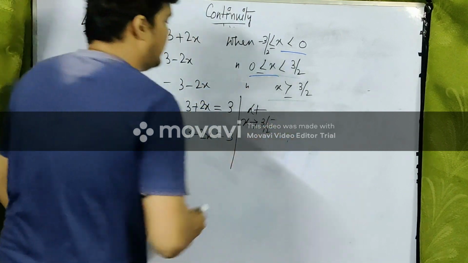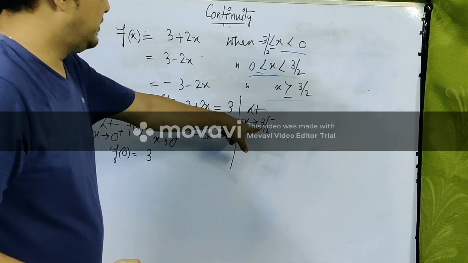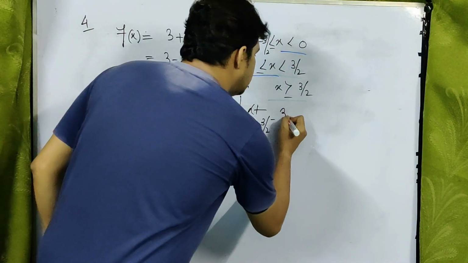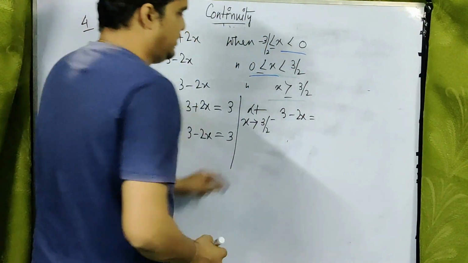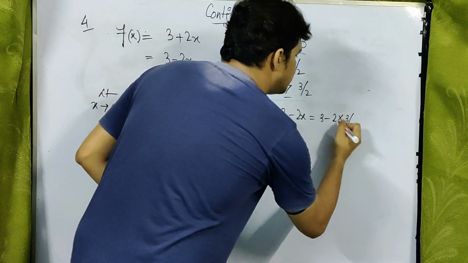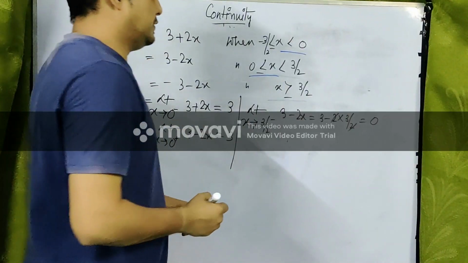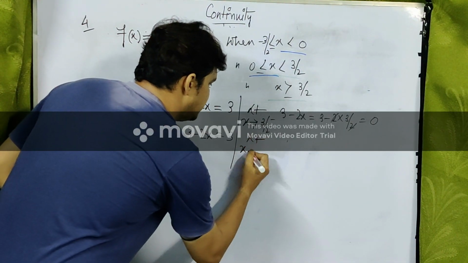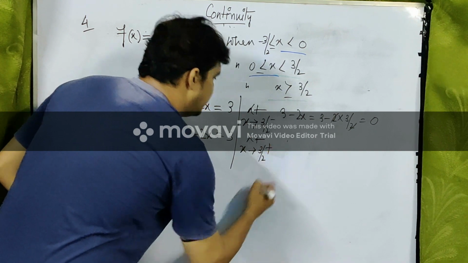So when the value of x is less than 3 by 2, it is defined in this way, 3 minus 2x. Now if I put x equal to 3 by 2, 2 into 3 by 2, this 2 gets cancelled, 3 minus 3, 0. Okay. Now again, limit x tending to 3 by 2 plus.